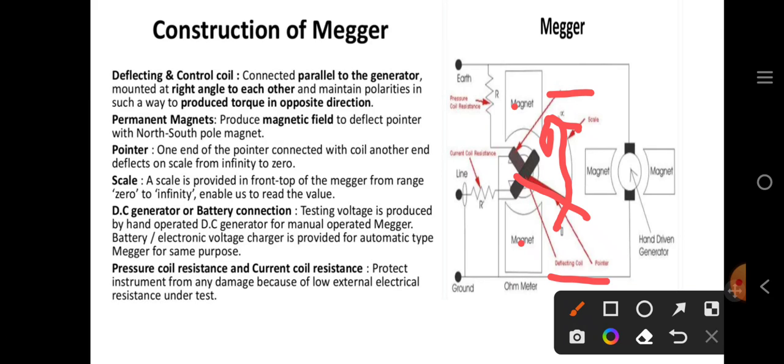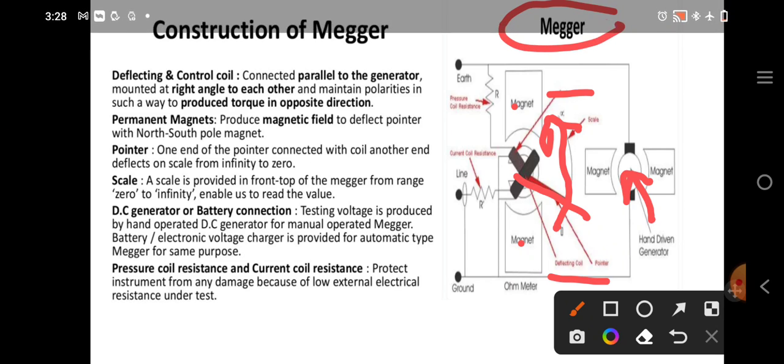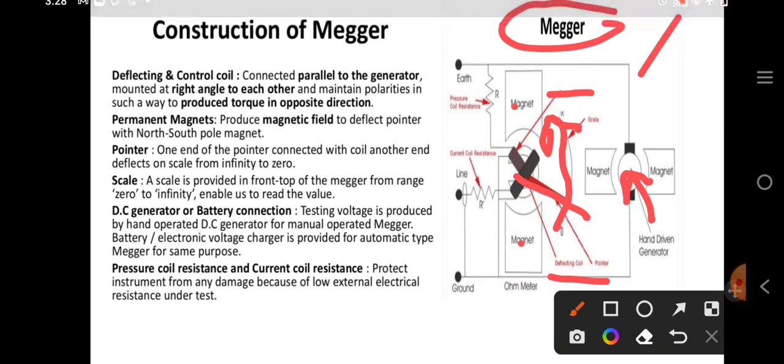Now the DC generator or battery connection. The testing voltage is produced by a hand operated DC generator. Here you can see the hand driven generator for the manually operated megger. As I have already explained, if the megger is manually operated, then a hand driven generator is used, and for an electronic type, a voltage charger can be provided for the same purpose in an automatic type megger.